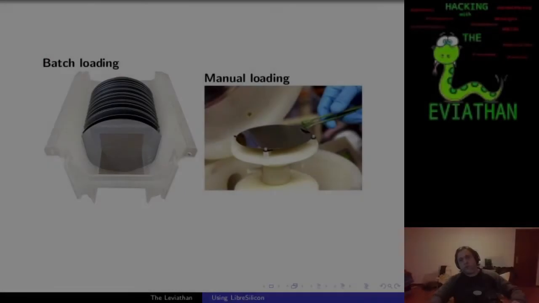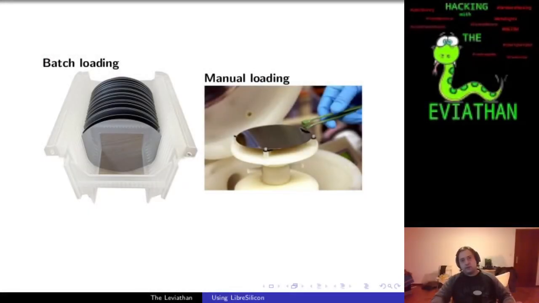The main difference between an industrial scale manufacturing machine and a laboratory setup is that an industrial scale machine has the capability of loading batches of silicon wafers at once, which are provided to said machine in cassettes as depicted here in the slides on the left.